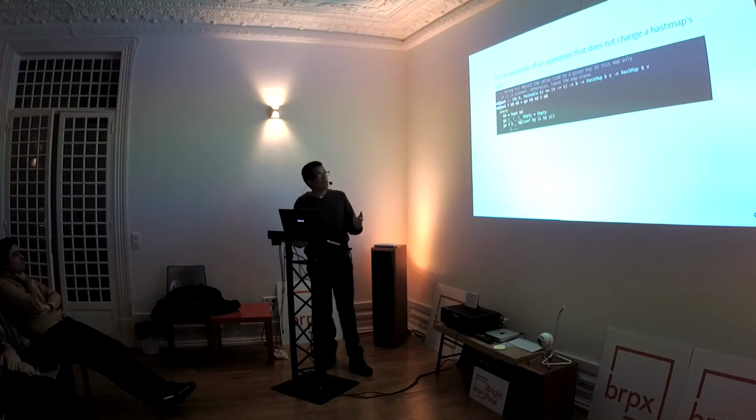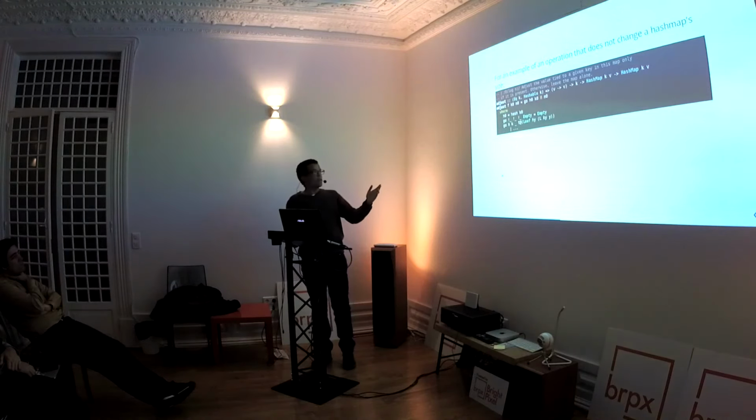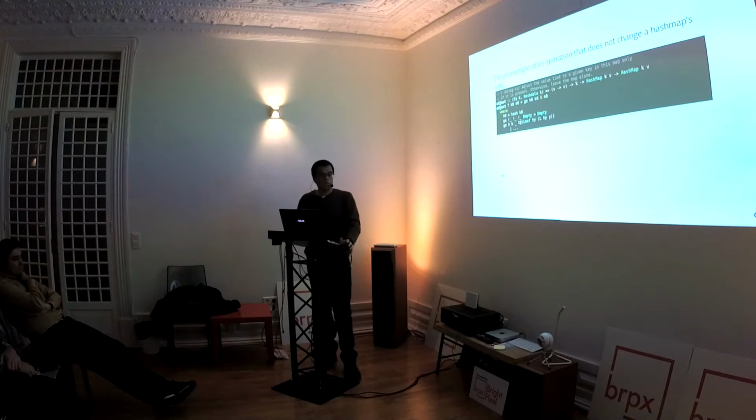And as an example of an operator that does not change the hash map size, we have adjust. Adjust is simply supposed to take a function from v to v, where v is value, a key, and a hash map. If this key is present in the hash map, we apply the function to the key's value. If it is not present, we don't do anything. Previously this function was, again, I'm not going to paste the function because it's really quite long.